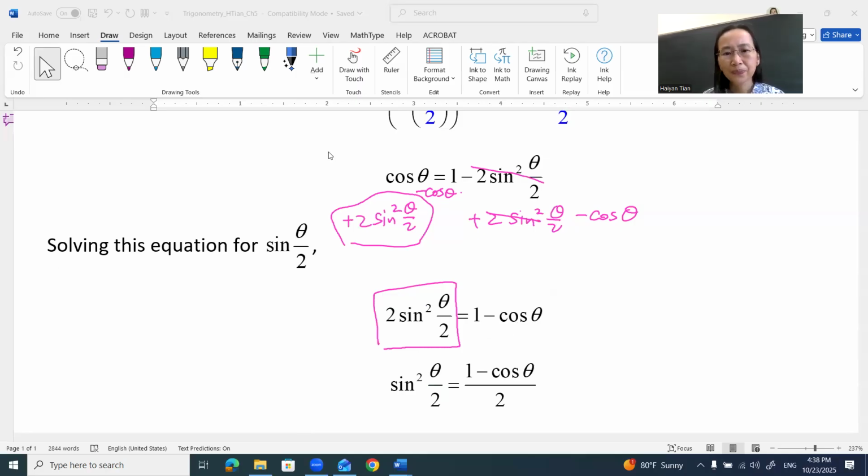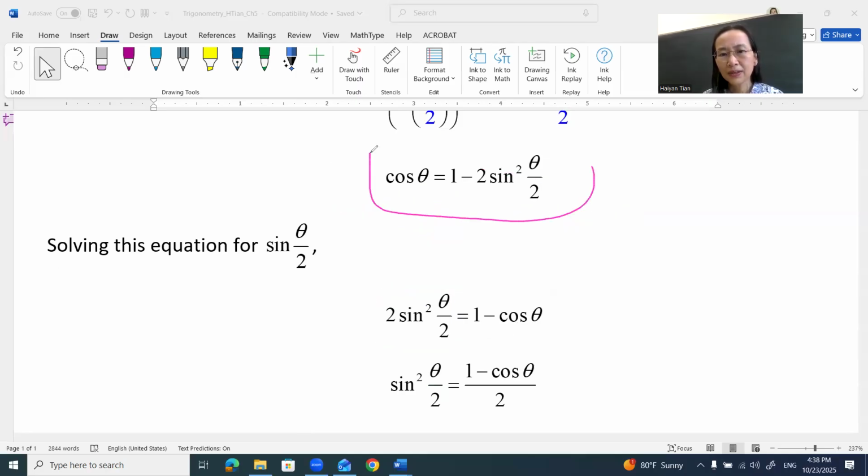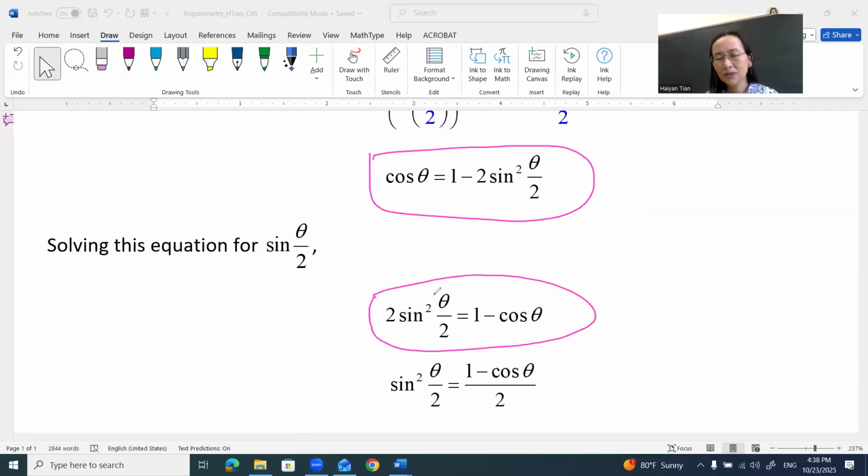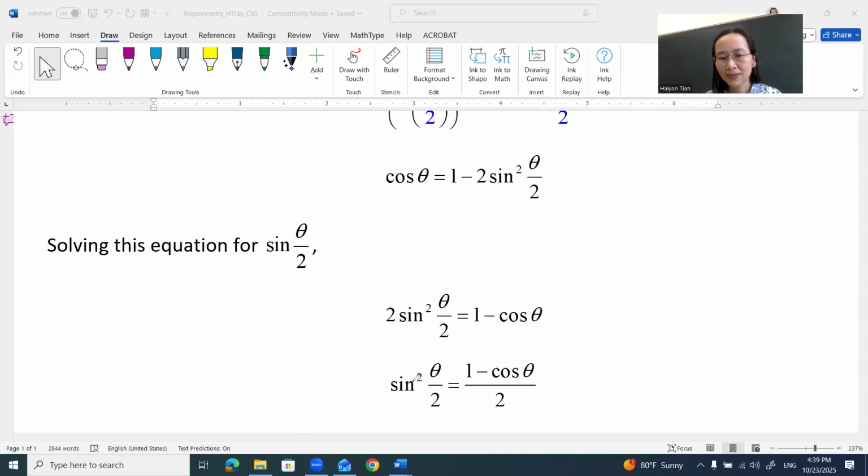We just solve and put the sine square half of theta on one side. And then the next step, we divide by 2. If you divide both sides by 2, you see sine square half of theta is half of this quantity.